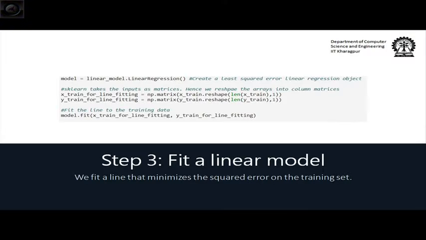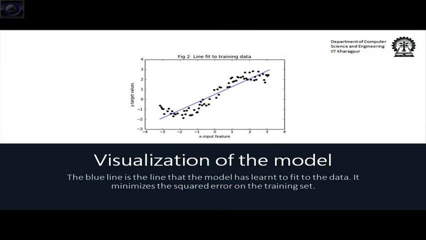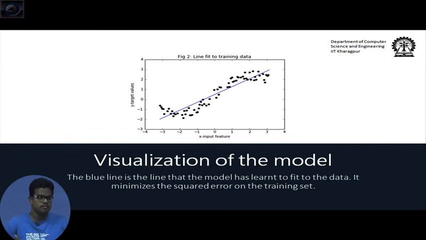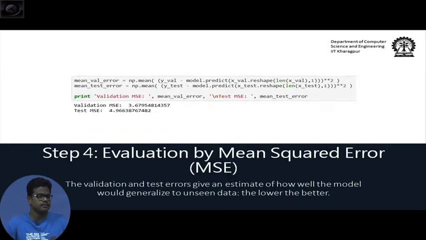Finally we get a model which minimizes the squared error. Here we see that the model has learned to fit a line to the data, and this line minimizes the squared error on the training set, and you can see that it passes nicely through the distribution of samples.